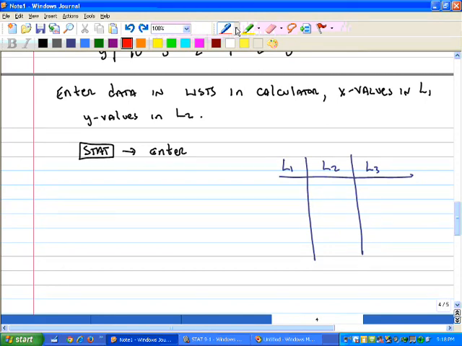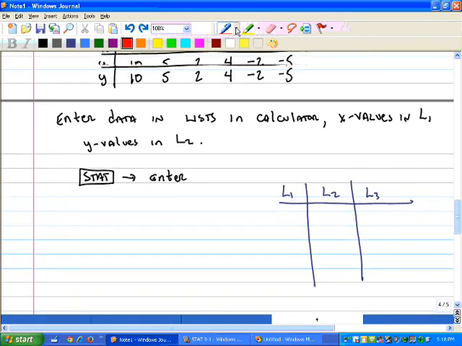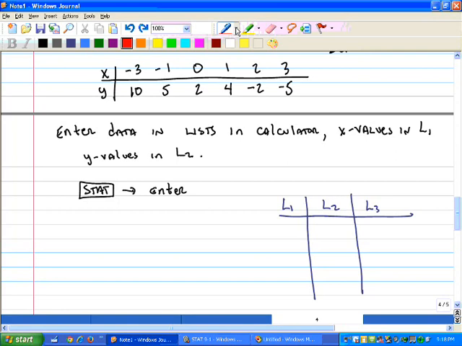We'll get the list cleared, then we'll enter the X values from our list in order. It's important to keep all of these in order. In L1. Then scroll to the right, enter the corresponding Y values in L2.